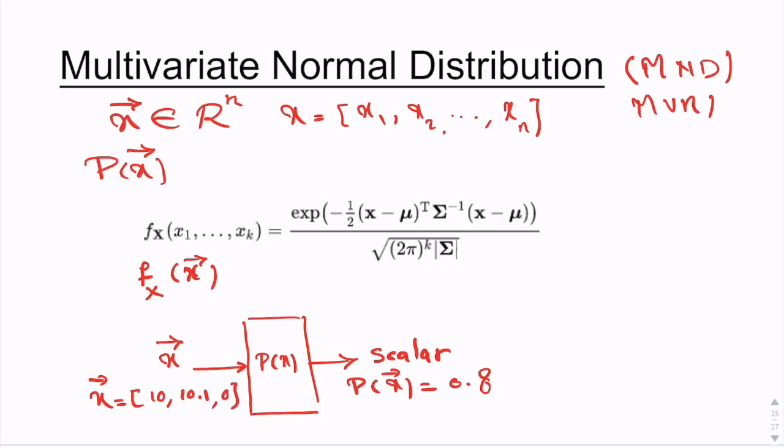We don't have something like a three-dimensional array, 0.8, 0.1, and 0.5 for each value. This is wrong. The probability distribution of a vector outputs a scalar.